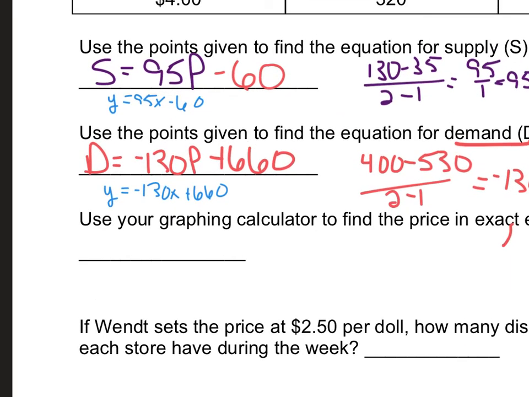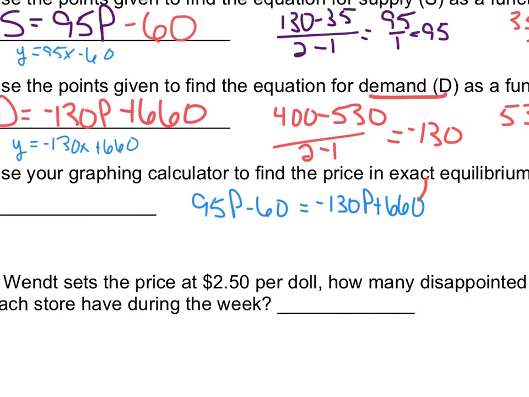If I set those equal to each other, then I've got what I want. So I'm going to say 95p minus 60. I want equilibrium, so when is that equal to negative 130p, plus 660? And now that's a pretty easy one to solve. I add the 130 to the other side. 95 plus 130 would be 225p.